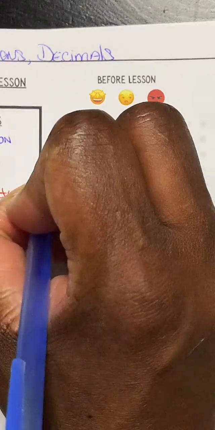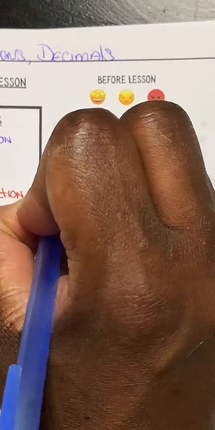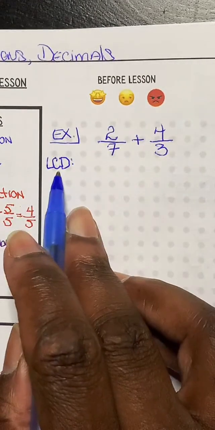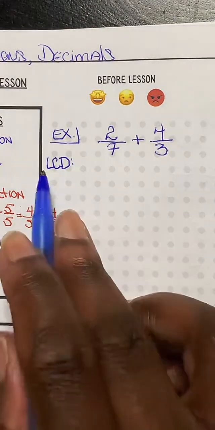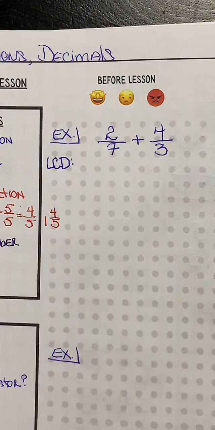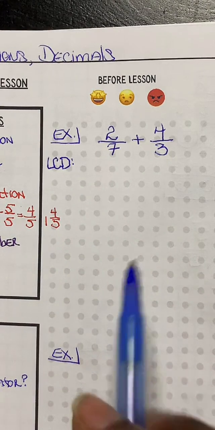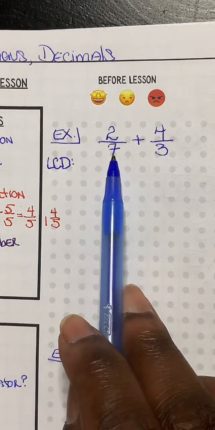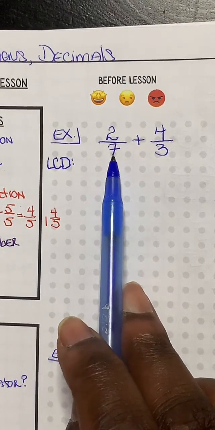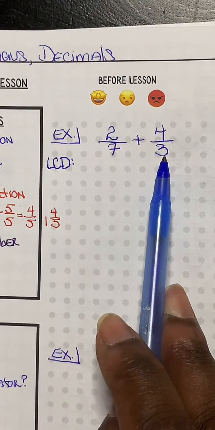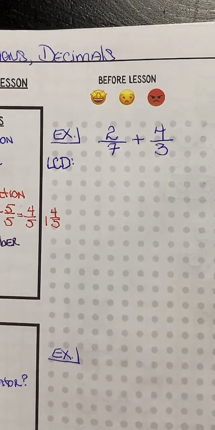They'll call it the LCD, sometimes they call it the LCM, and that's the least common denominator or least common divisor. Or if it's an M, the least common multiple. Basically, it's a number that the 7 times table and the 3 times table have in common.